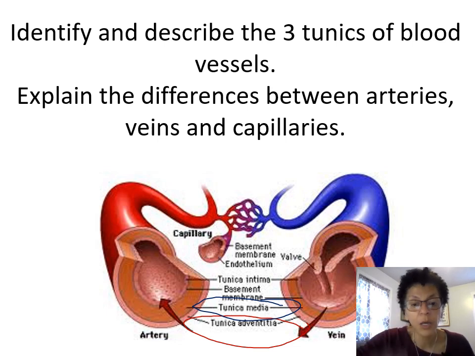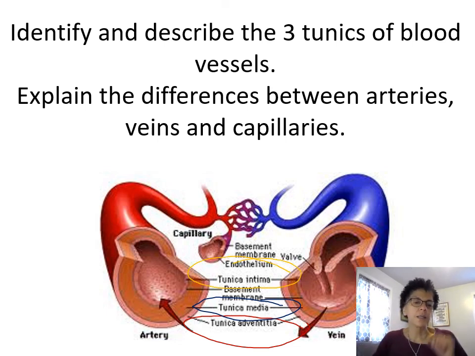Innermost is tunica intima. Tunica intima is also called endothelium as a layer. It is simple squamous epithelia. It reduces friction. Now in the differences between the types, arteries have the thickest tunica media. Veins have a thicker tunica adventitia.